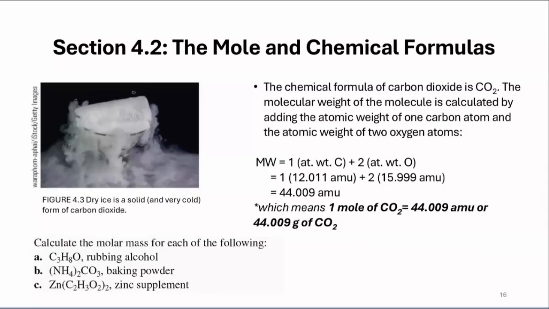In letter A, we have rubbing alcohol. For rubbing alcohol, in terms of carbon, I have 3 atoms of carbon, and I'm going to multiply that by 12.011 AMU, which is the mass of carbon in the periodic table, plus I have 8 hydrogens, and the mass of hydrogen in the periodic table is 1.008 AMU.